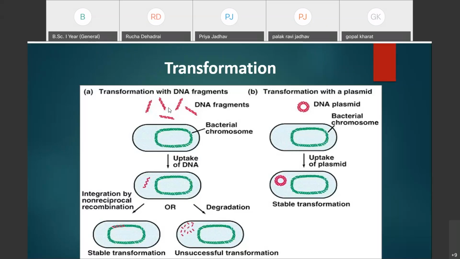Okay, this method was accidentally discovered by Frederick Griffith in 1921, while he was working on the bacteria Diplococcus pneumoniae in mice. While working on Diplococcus pneumoniae, Frederick Griffith accidentally discovered this method of genetic recombination in bacteria.